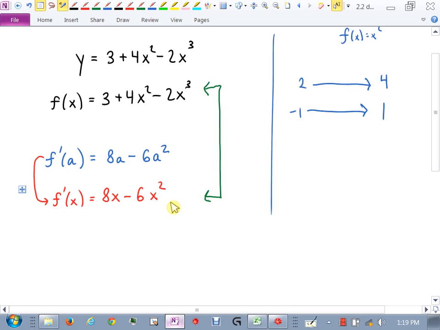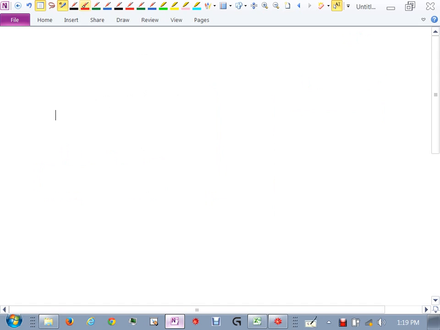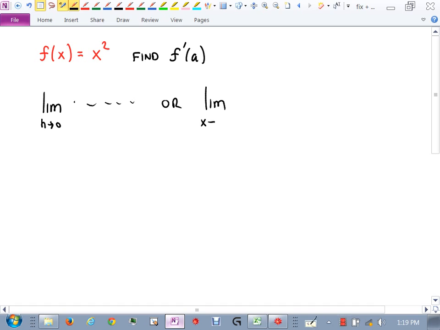So what I'd like to do now is start with a very generic example. Let's look at f of x is x squared, and I want us to find f prime of a. This is like what you had to do on your homework. You take the limit. You could do one of two formulas: h goes to 0, or the limit as x goes to a.